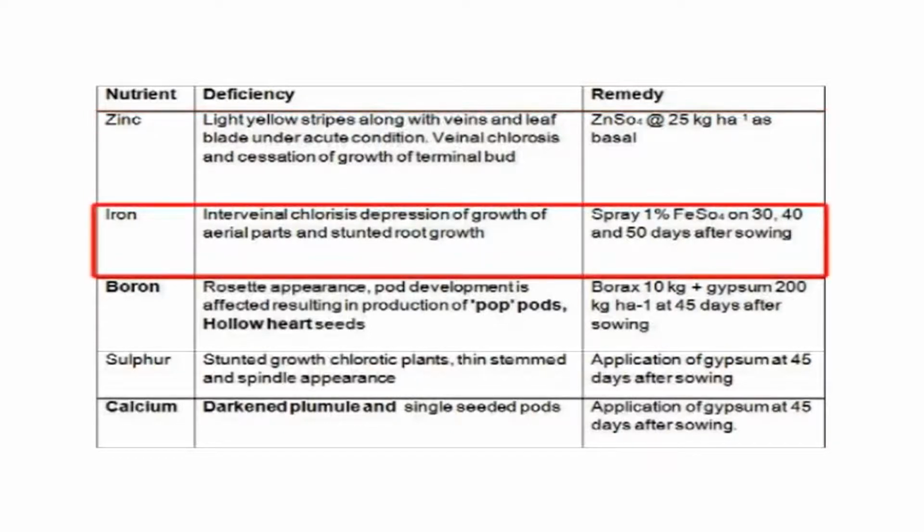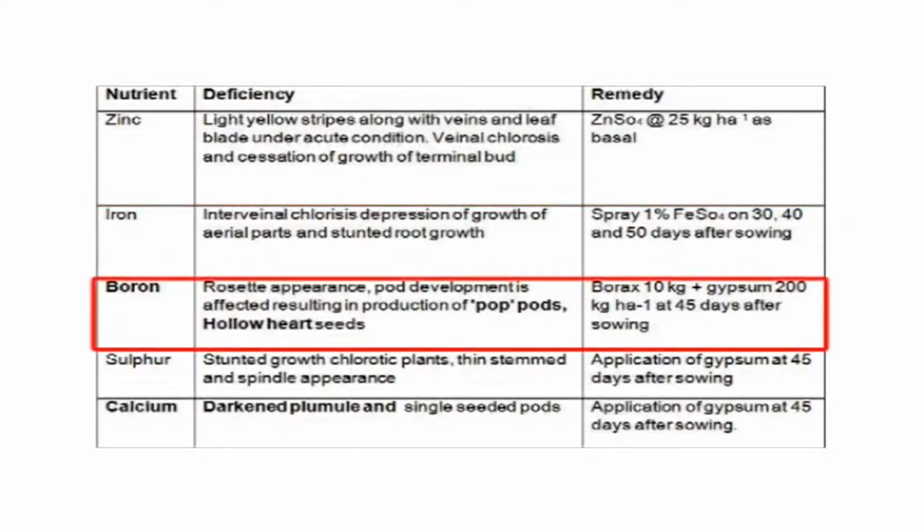Then iron, here the deficiency symptom is interveinal chlorosis, depression of growth of aerial parts and stunted growth. Here we can apply as a remedy a spray of 1% ferrous sulphate on 30th, 40th and 50th days after sowing. Then boron deficiency, here the symptom is rosette appearance, pod development is affected, resulting in the production of pop seeds and also hollow heart seeds.